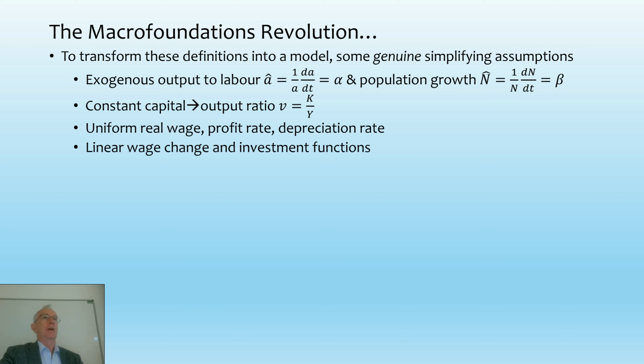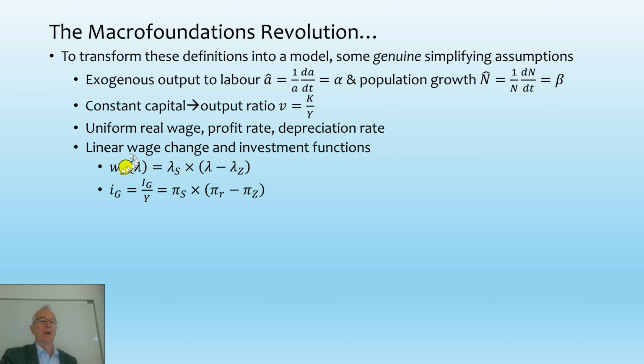Then to bring in behaviour to link the system states together, a linear rate of change of wages, a Phillips curve which is linear. You can obviously make that non-linear later, and it should be. And a linear function for investment, the level of investment as a percentage of GDP as a function of the rate of profit. So those are just the terms I'm going to use.